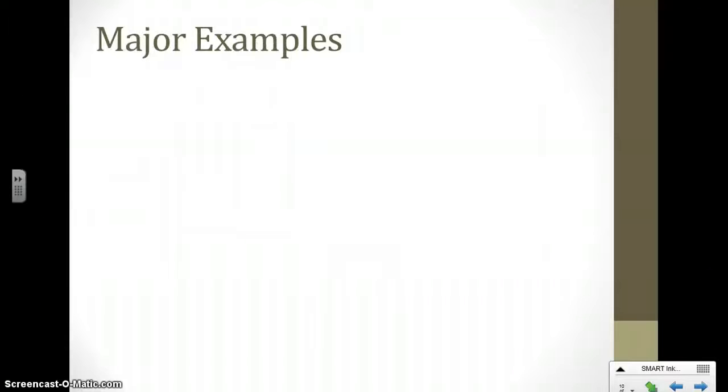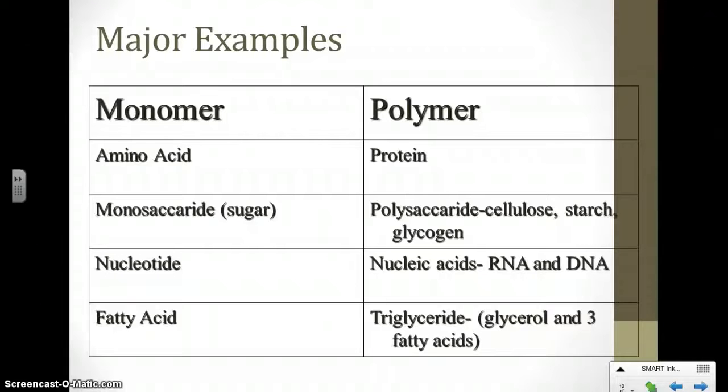Some major examples of those macromolecules of life are, for example, if we put together amino acids, we will get the polymer of a protein. If we put together simple sugars, also called monosaccharides, we will create the polymer, a complex carbohydrate called a polysaccharide. Some examples of those are cellulose, starch, and glycogen.